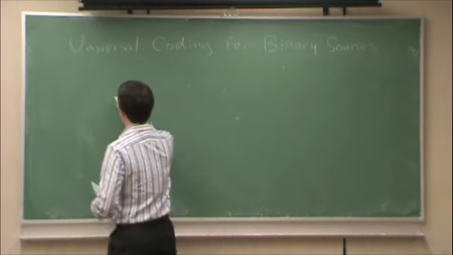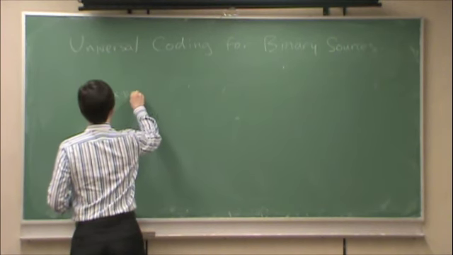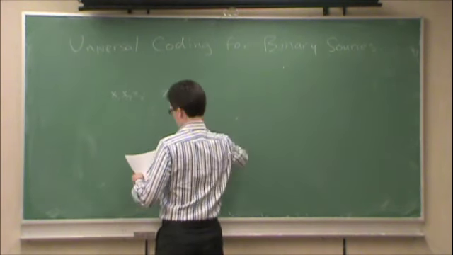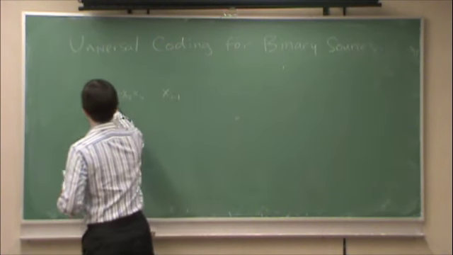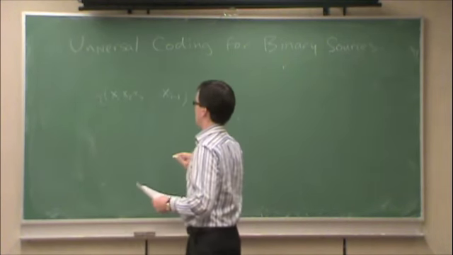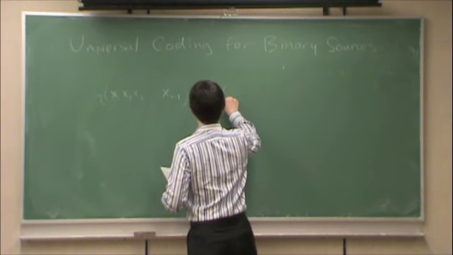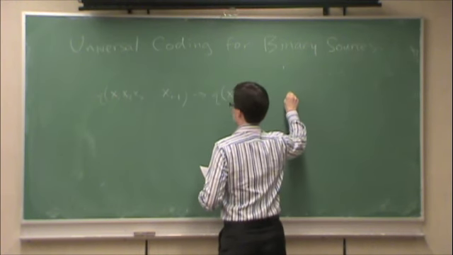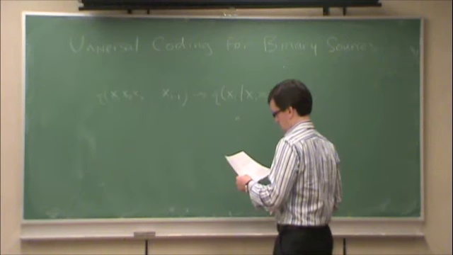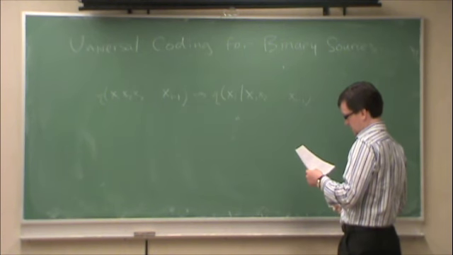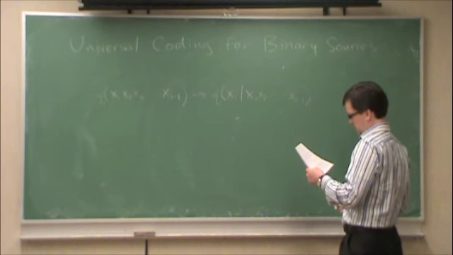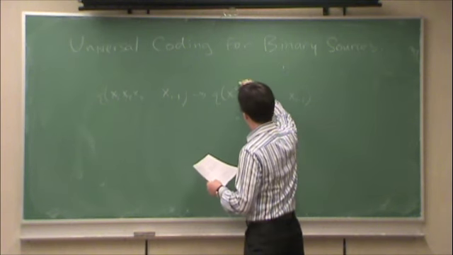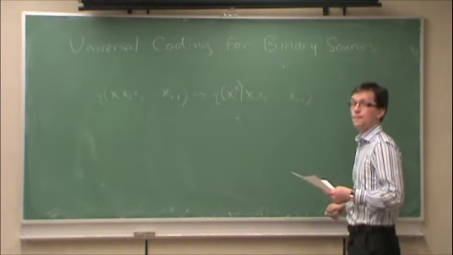So let's say I have x1, x2, x3, up to xi minus 1. Actually, let's say I have q of that. And then I want to calculate q of xi given x1, x2, and so on up to xi minus 1. Excuse me, I want to calculate q of xi equals 1, given that.